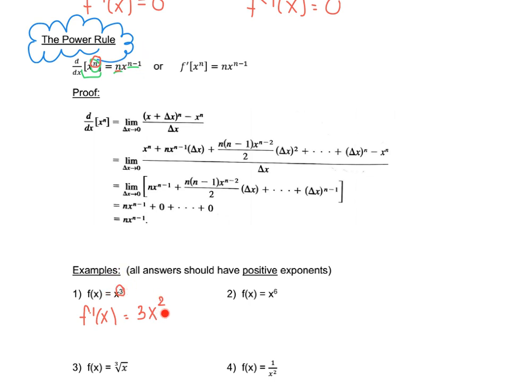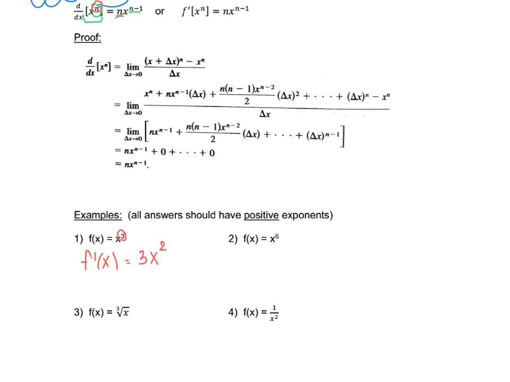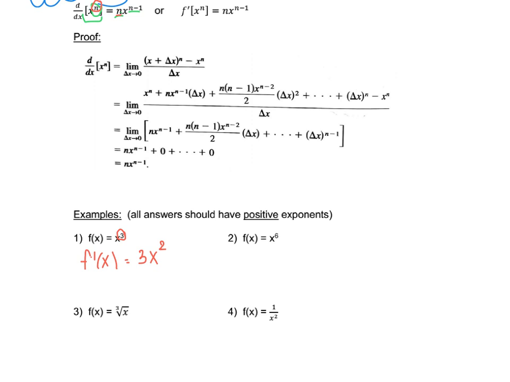It was 3, so now it's 2. How awesome is it that we just found the derivative in a couple of seconds rather than going through that entire limit process, which we could, but these shortcuts make it much faster and much easier.